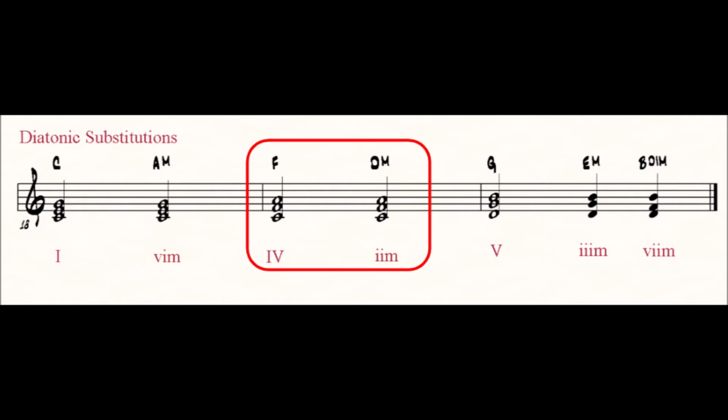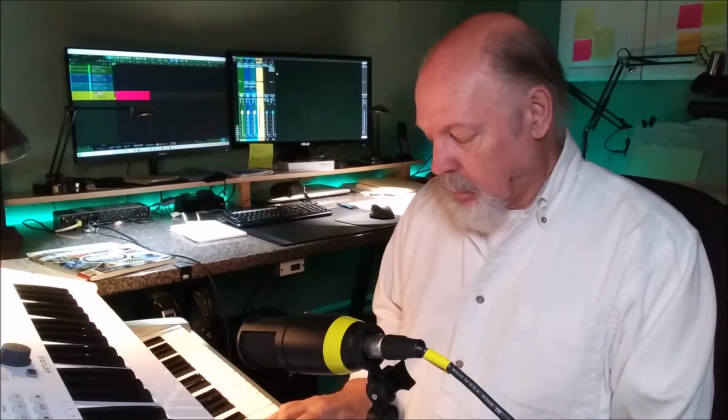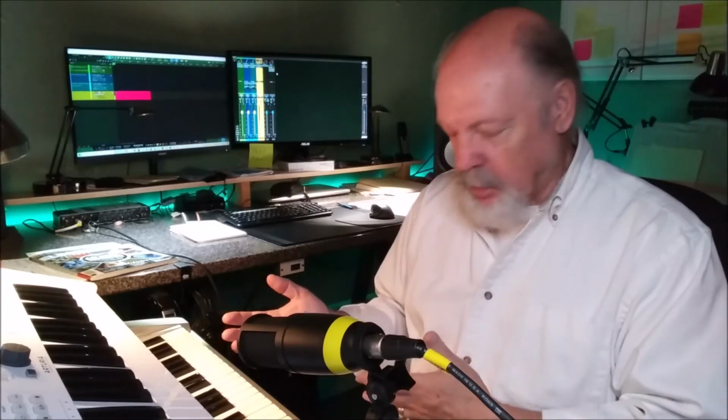So it's just a little bit of a change. Okay, so you can go from F major to D minor. You can substitute them out. If you substitute everything out, then you're in a minor progression, not a major progression.